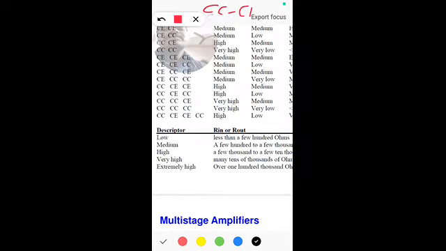CC, CE, CC. So on the input side we have a CC, so we have a very high input impedance, that is possible with this.